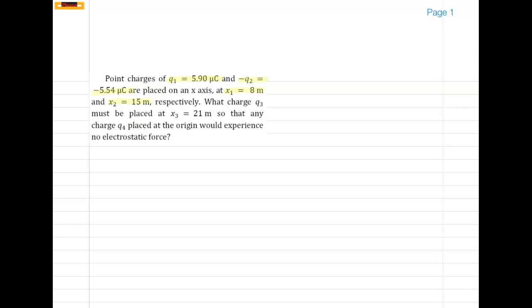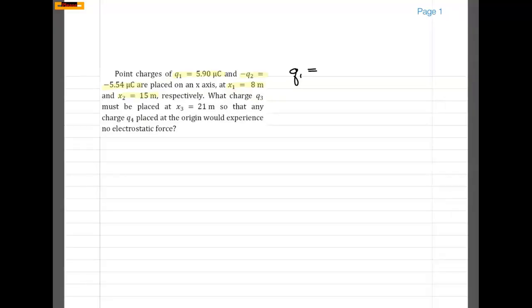So this tells you to list some givens, namely Q1 is equal to 5.90 microcoulombs. So we can keep the micro for now. We don't have to convert it to scientific notation. And Q1 is located at the coordinate x1 equals 8 meters.